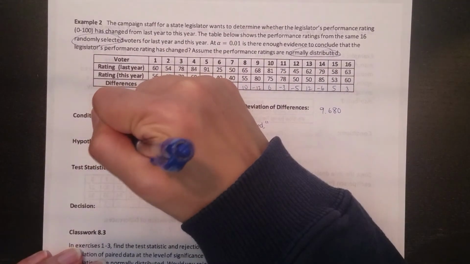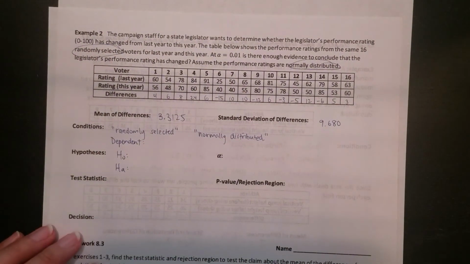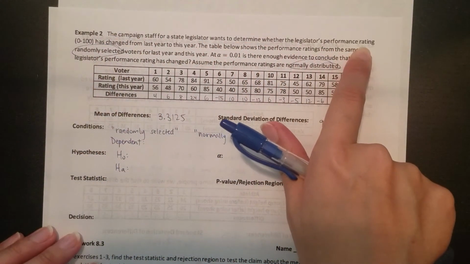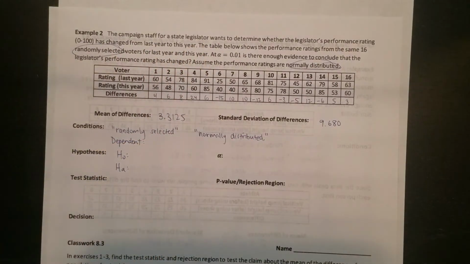For my H0 and HA, in this problem, their claim was to determine whether the legislator's performance rating has changed from last year to this year. So whether it's changed or not would be like, is there a difference? Is there not a difference? If it didn't change, then when you subtract the two, the difference would be 0, right?